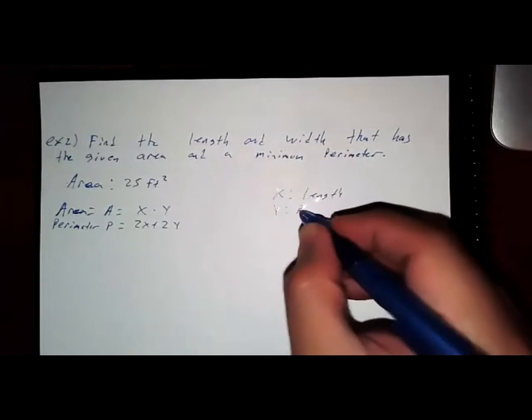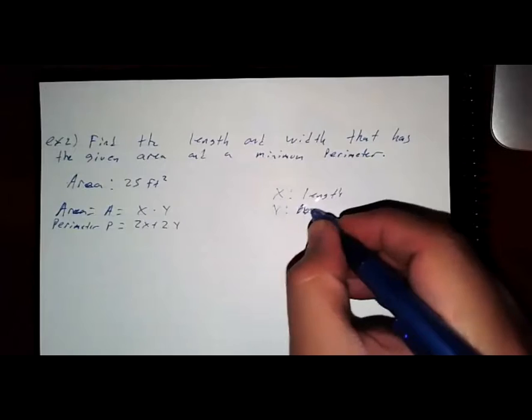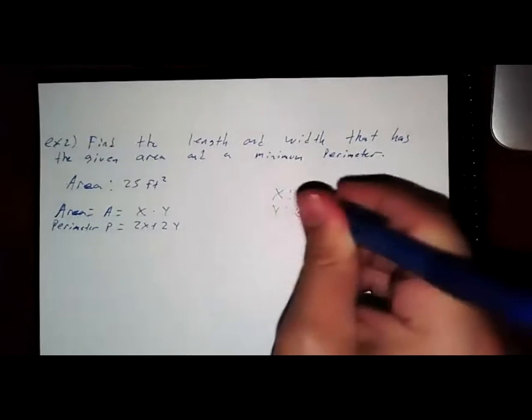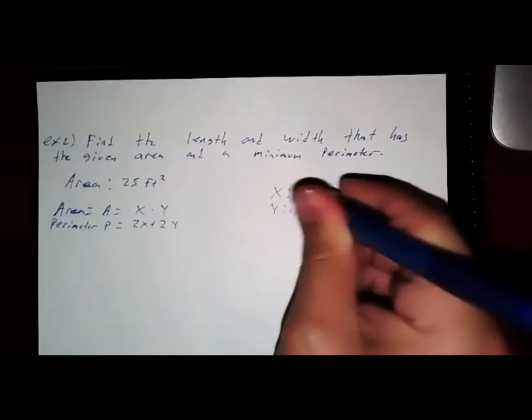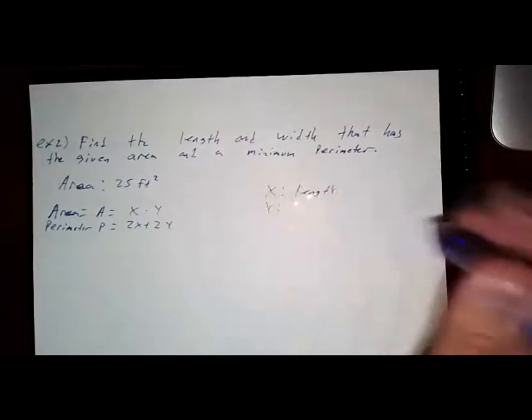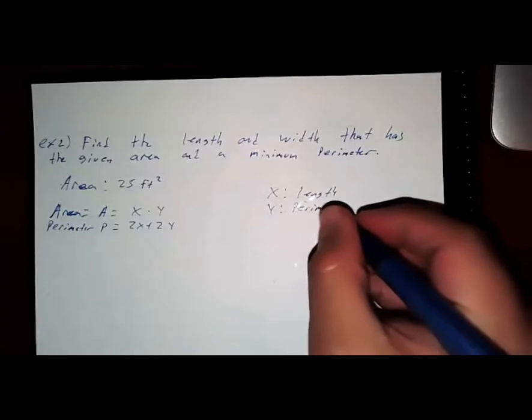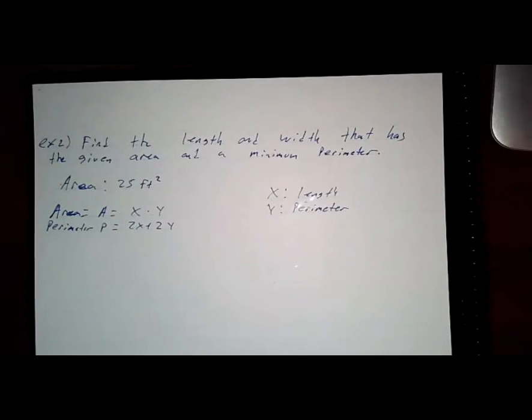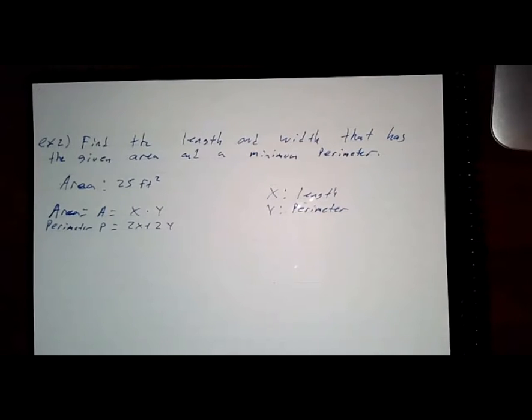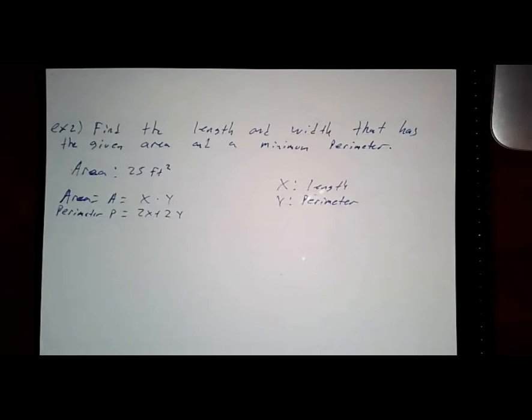Y was width. Right, so we want to minimize perimeter.